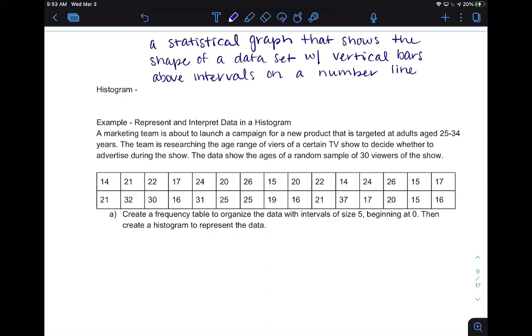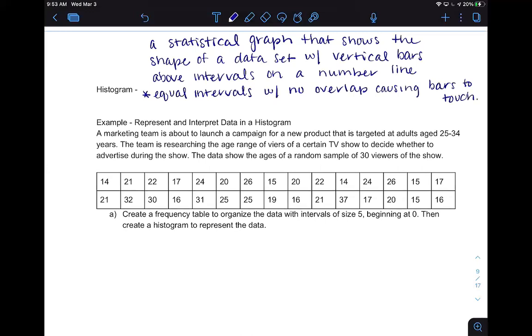So the thing that's going to be different on this is instead of writing every number, we're going to have kind of gaps between them. It's similar to a bar graph, except I'm going to add a couple things in. We're going to have equal intervals with no overlap, causing bars to touch, which is what makes a histogram slightly different than a bar graph.